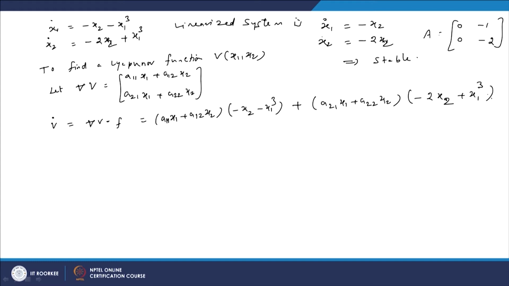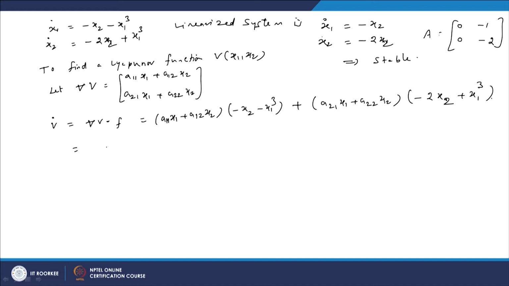Okay. So, that is V dot. We want that V dot should be negative definite, as well as del V should be a gradient function. Arbitrary a i j will not work here. So, we have to select it suitably.